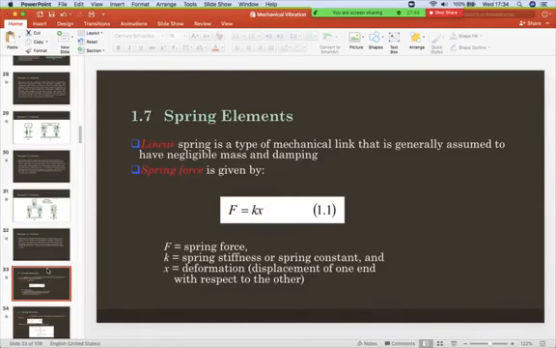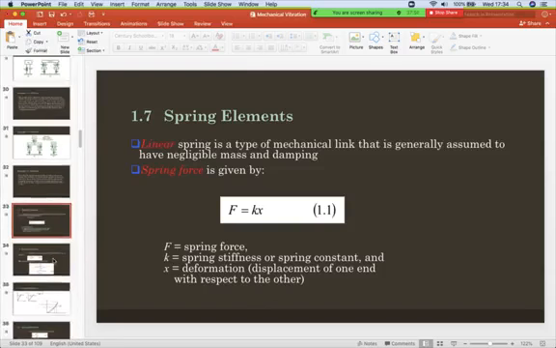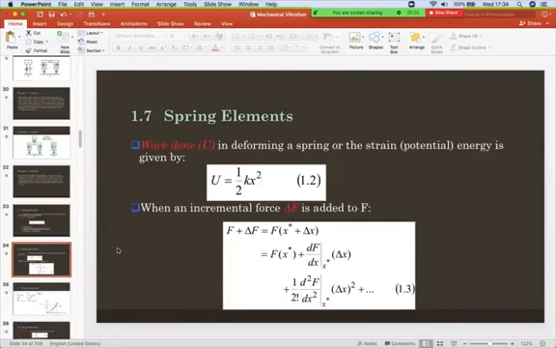Okay, so we go to spring elements. So this is the formula. Spring force equals Kx, spring stiffness times deformation. So that is equation 1.1, the linear spring. That is the spring force. We also have the work done, U equals 1/2 Kx squared.